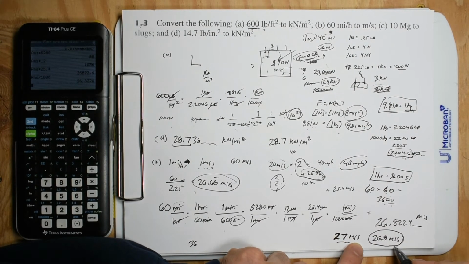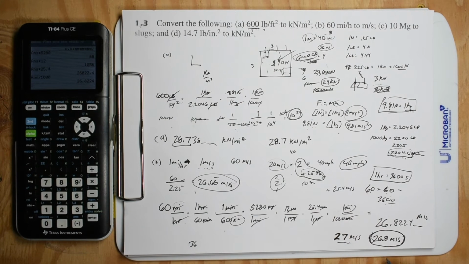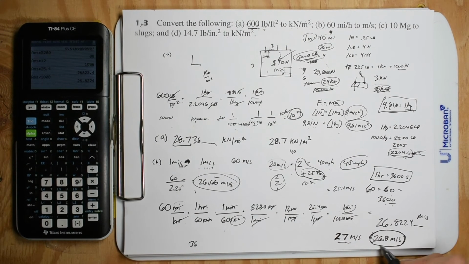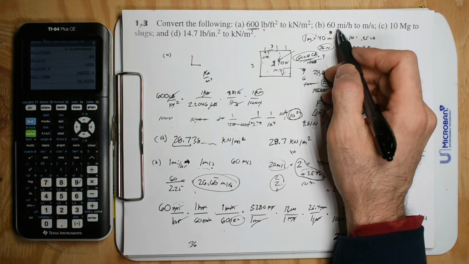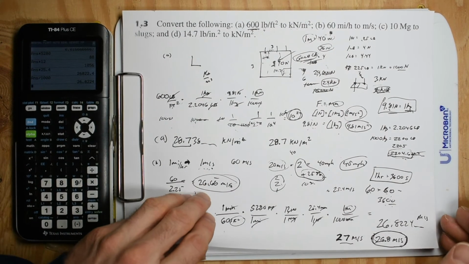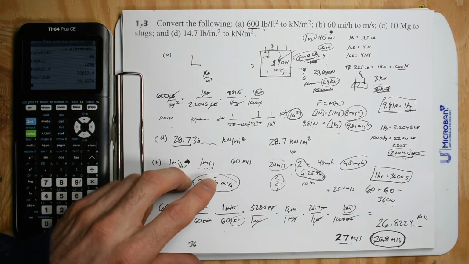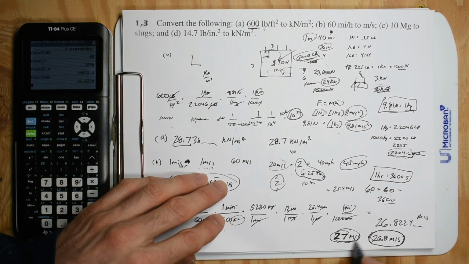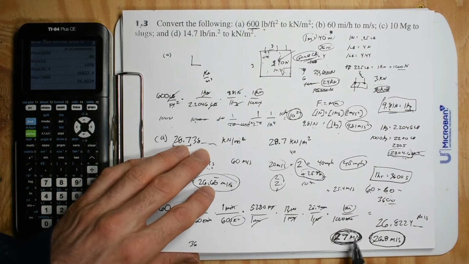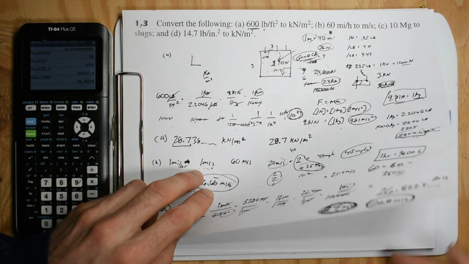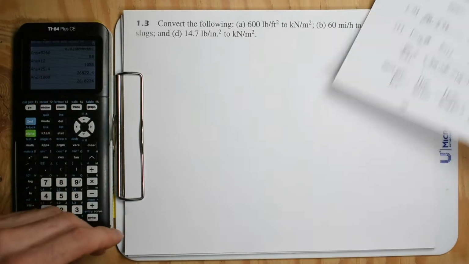Anyway, if you're driving a car, no one says, hey, I'm going 60.3 miles per hour. That'd be insane. So this point is ridiculous. But anyway, you're going 27 meters per second. That's fair enough. You could see that on a gauge. Okay, just moving right along.